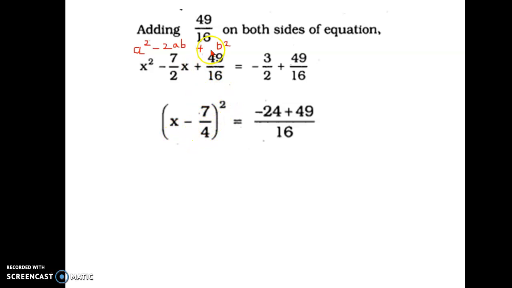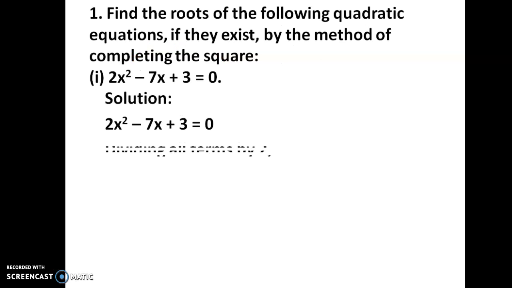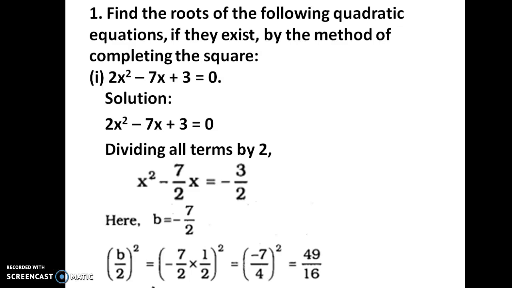Both are the same, just one is the expanded form, and here you are writing it as a minus b the whole square. Here it is b square, so b is 7 by 4.